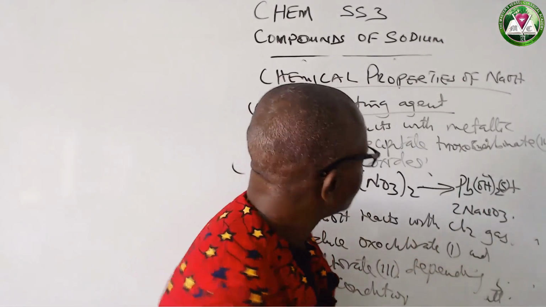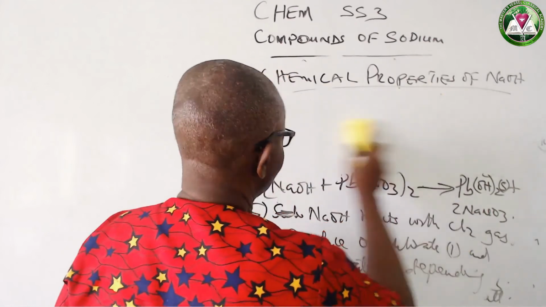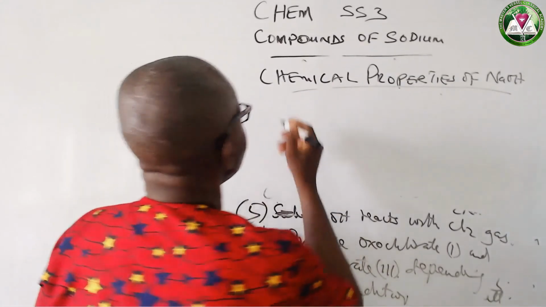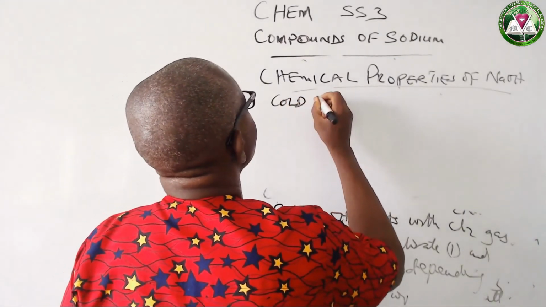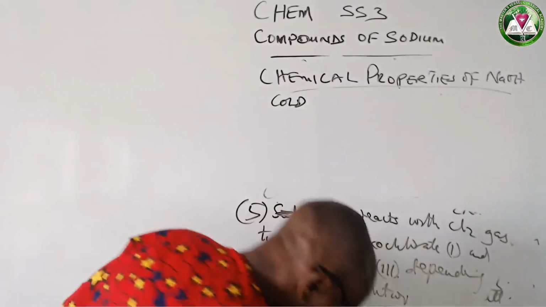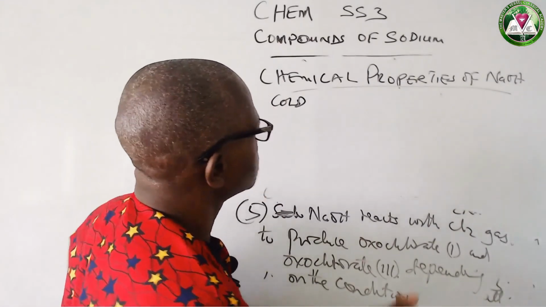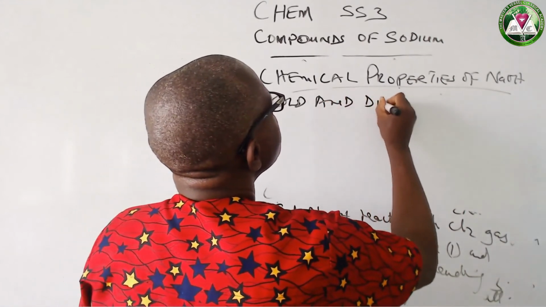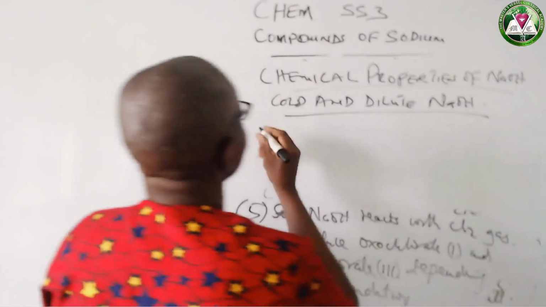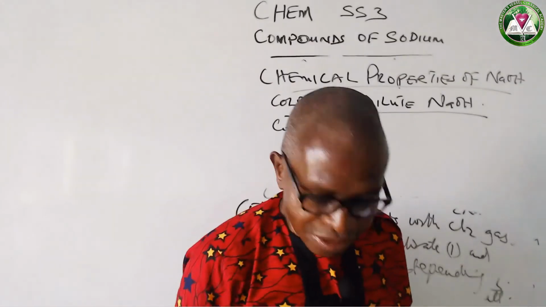Let's look at the conditions. If you are using cold, dilute sodium hydroxide, you produce oxochlorate(I).